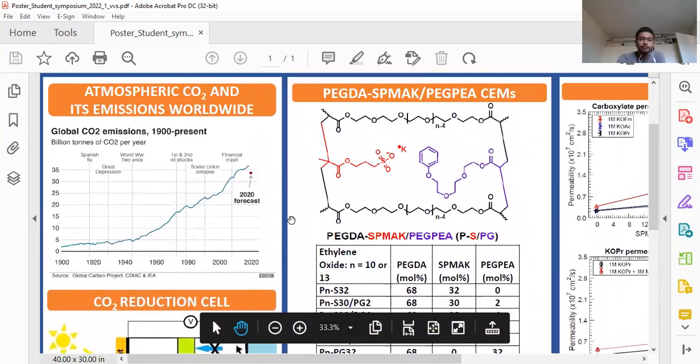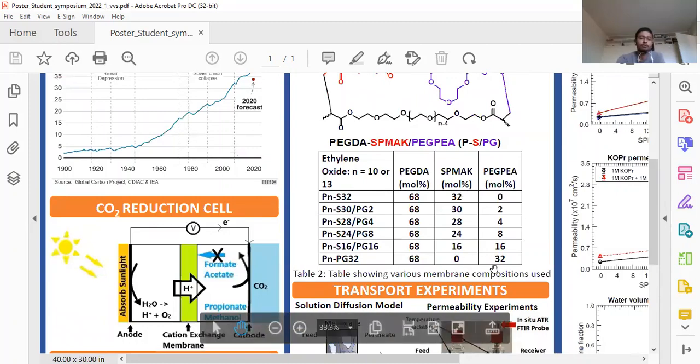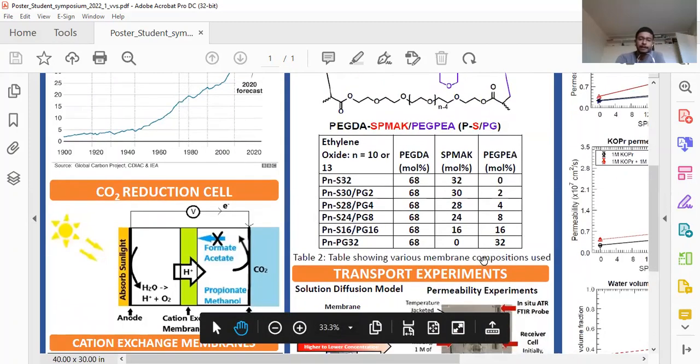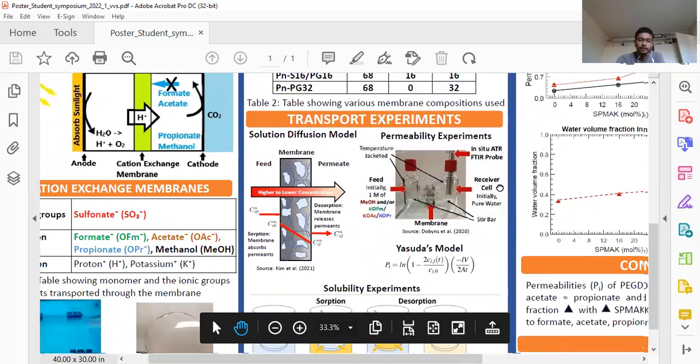So we can incorporate PEGDA as a crosslinker with two different chain lengths and also tune the monomer compositions so that we can investigate how transport properties are affected by changes in the crosslinker chain length and the monomer compositions.